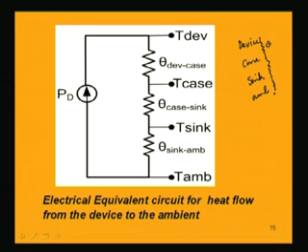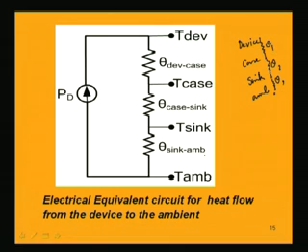So, these three resistances are there: theta 1, theta 2, theta 3. Theta 1 being theta device to case, theta 2 is case to sink, and theta 3 is sink to ambient.